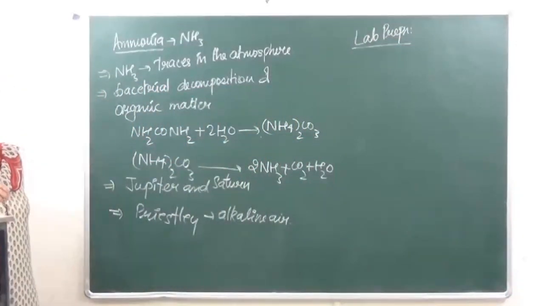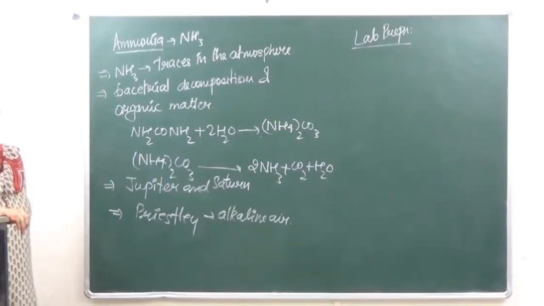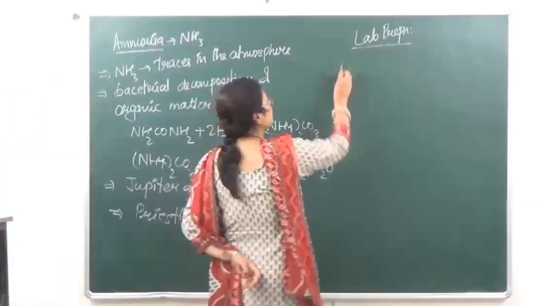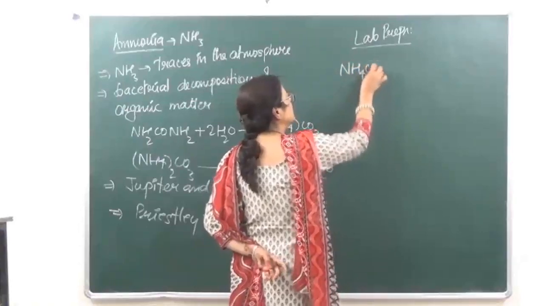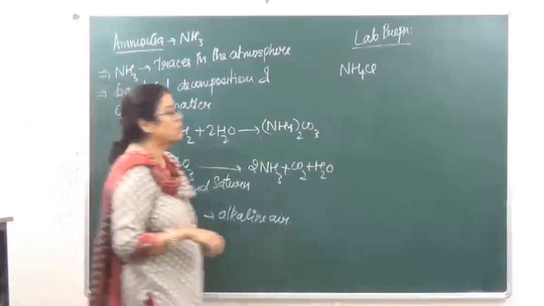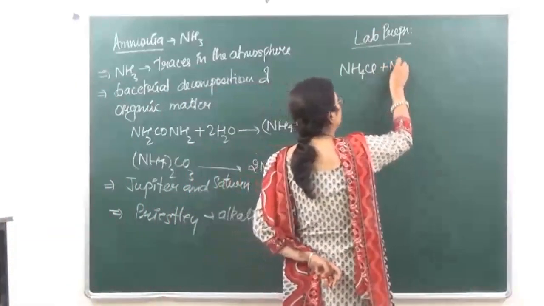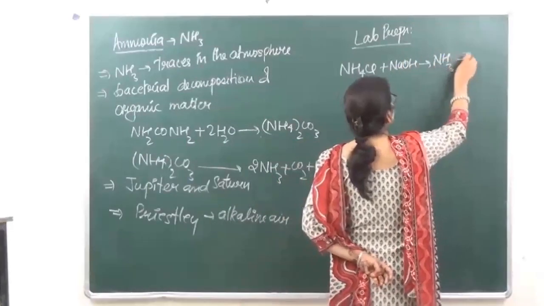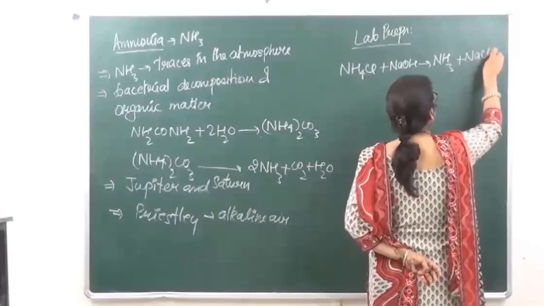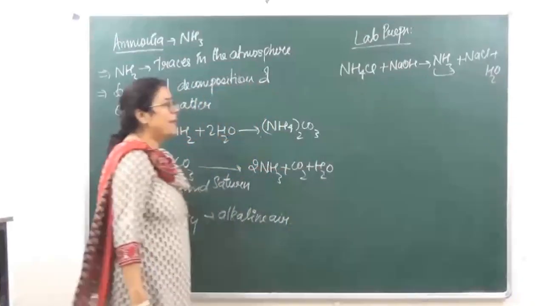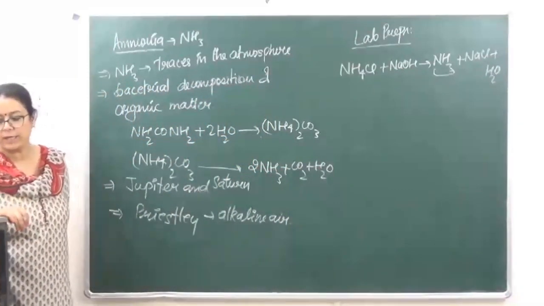In case of laboratory preparation, it can be prepared from any kind of ammonium salts, like if we are reacting ammonium chloride with NaOH. So by reacting NH4Cl and NaOH, we can get ammonia.